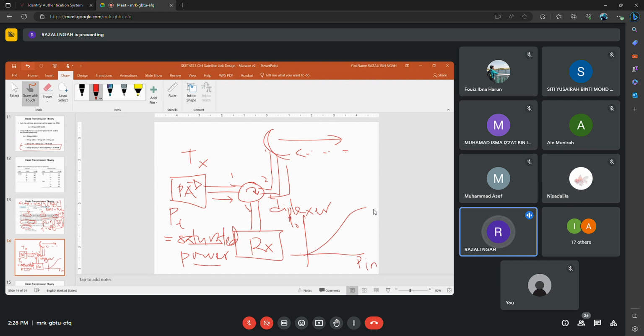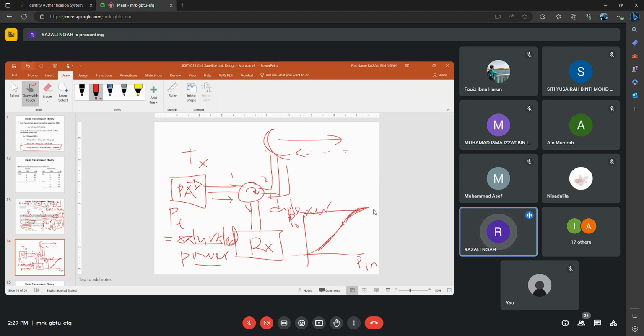P in is the input to the power amplifier, P out is the output. There is a linear region, and at the end there is a non-linear region. So saturated power is in the saturated region.